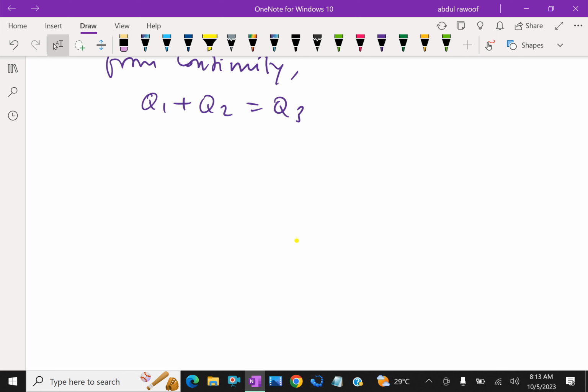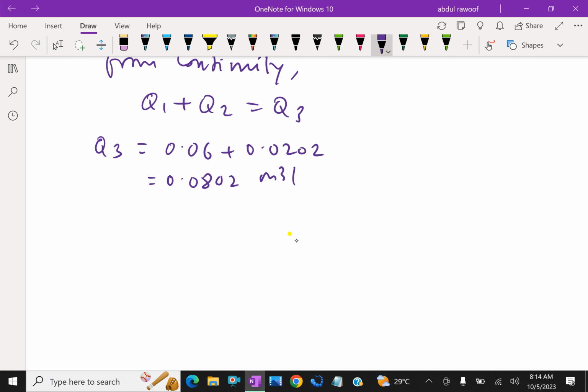Therefore Q3 is 0.06 plus 0.0202, which equals 0.0802 meter cube per second. We got Q3.